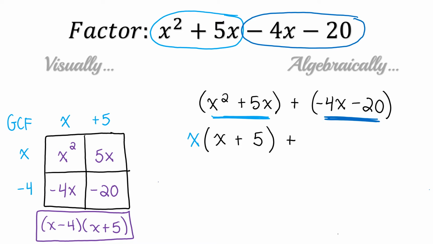Plus, now we want to factor the greatest common factor between negative 4x and negative 20. The greatest common factor between these 2 terms is negative 4. So we have negative 4 times the quantity, negative 4x divided by negative 4 is positive x. Negative 20 divided by negative 4 is positive 5.